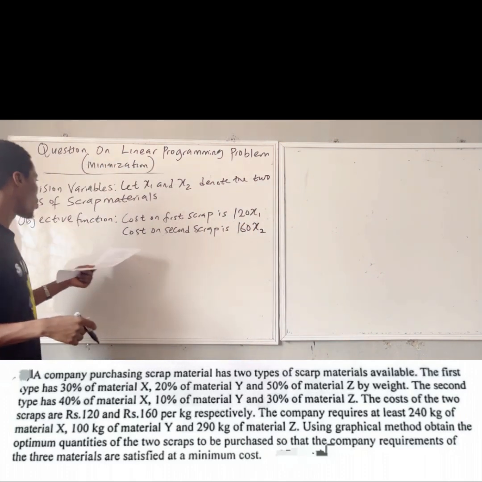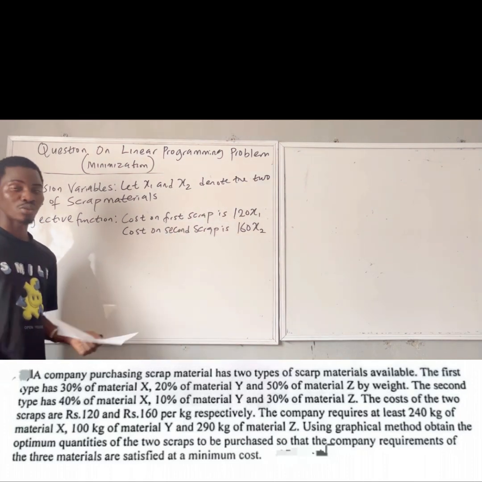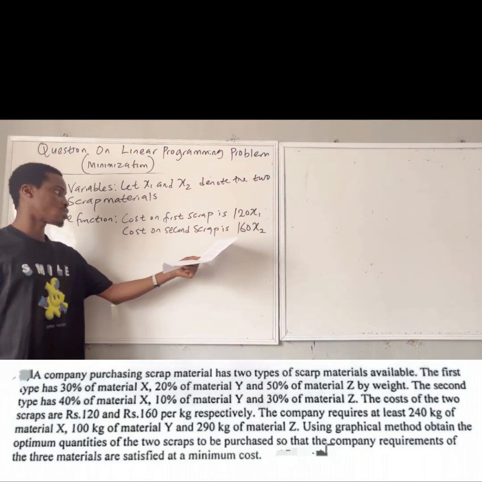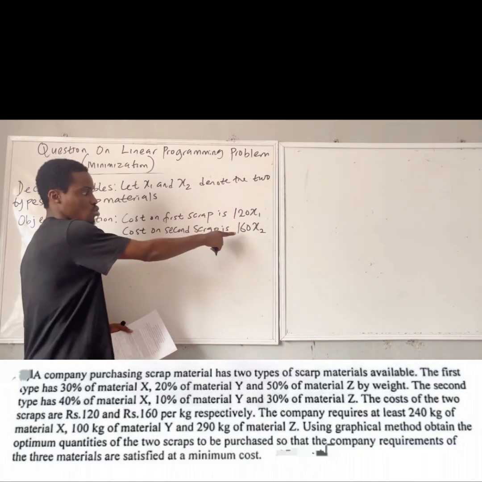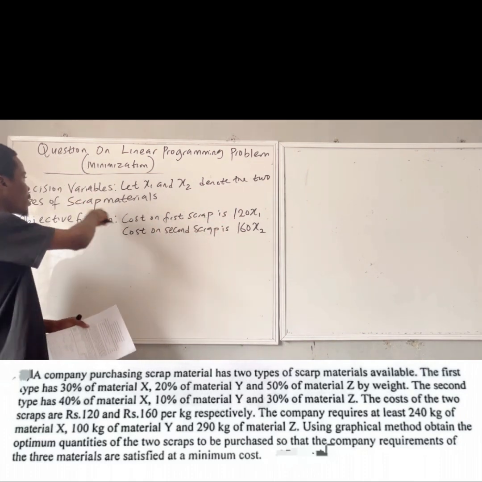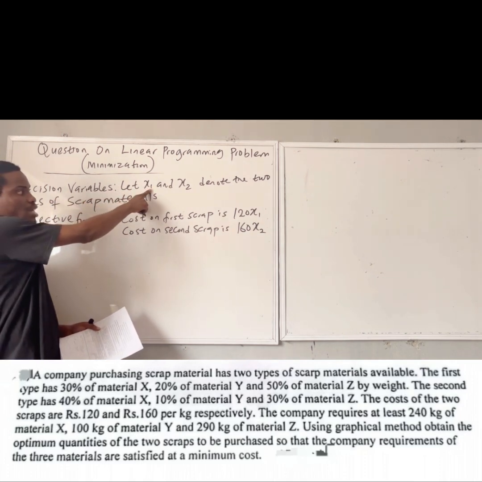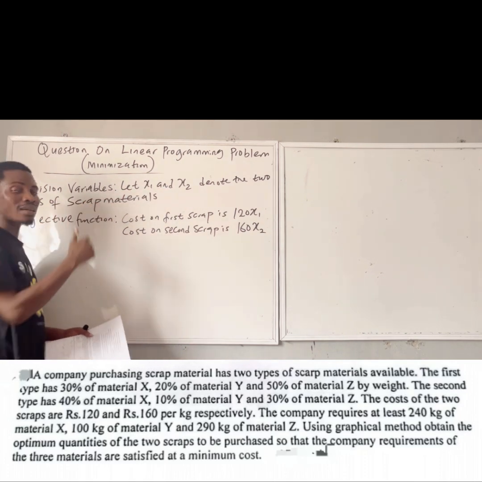So this is the cost in the objective function. The cost on the first part is 120x1 and the cost on the second part is 160x2. The reason we add x1 to the first part and x2 to the second part is that we represent them as decision variables, x1 and x2 denoting the two types of scrap material.